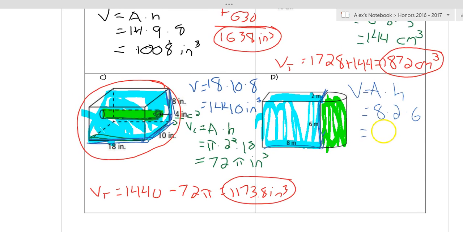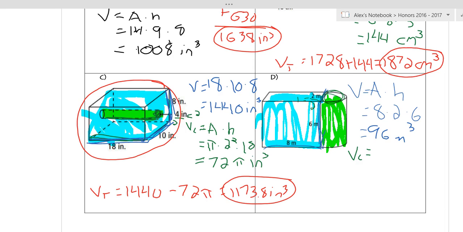8 times 2 times 6. So I get 96 meters cubed for that. Now I want to do the volume of my cylinder, which is really half a cylinder. I have my base, which is a circle, whose radius is just 1.